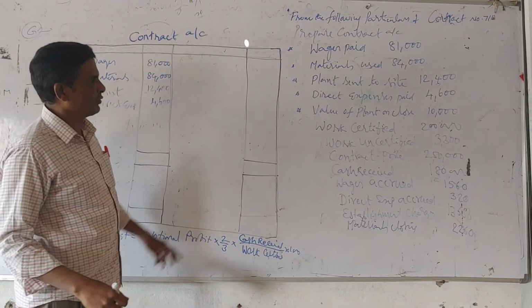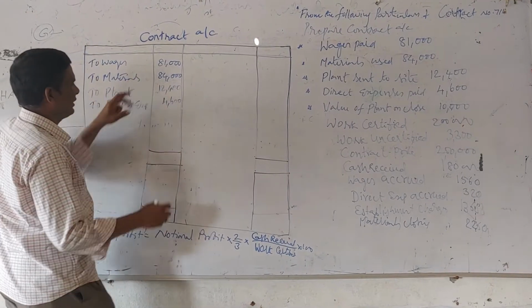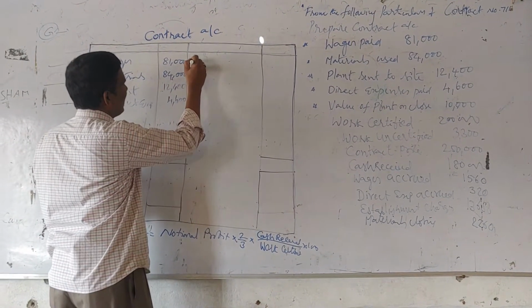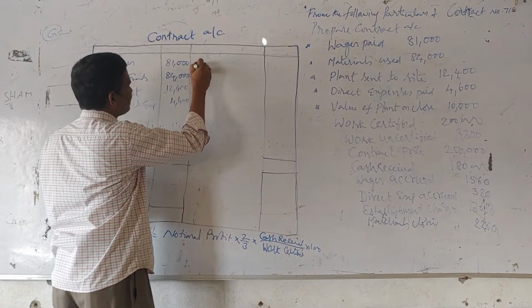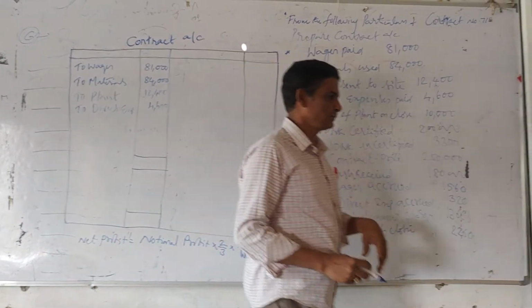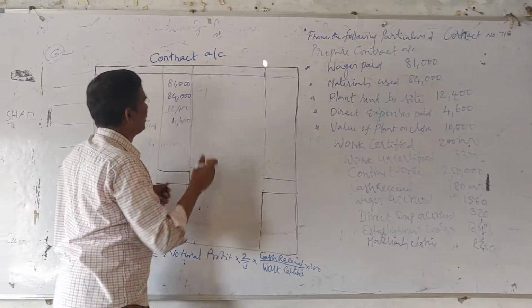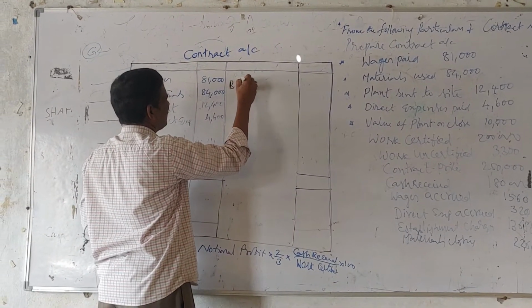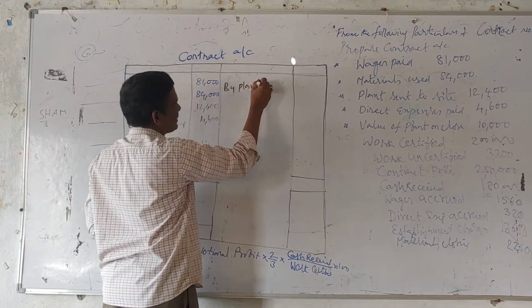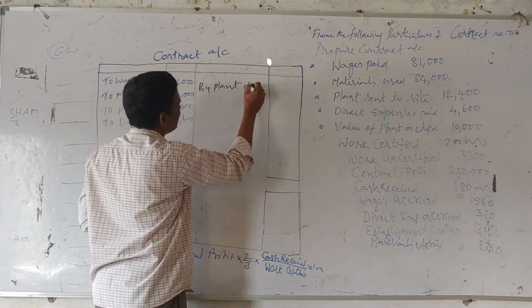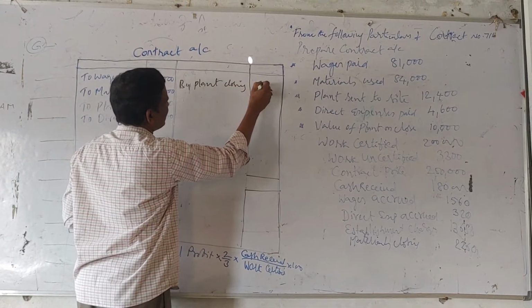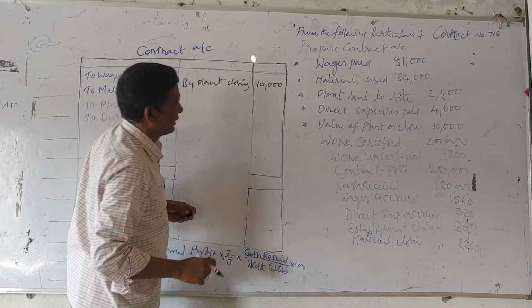Next, value of the plant at the close. This is the opening plant, this is the closing plant. So plant closing balance is 10,000.